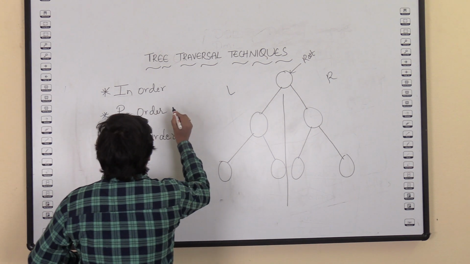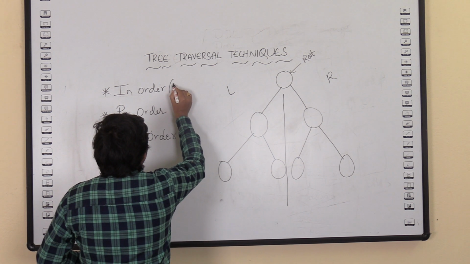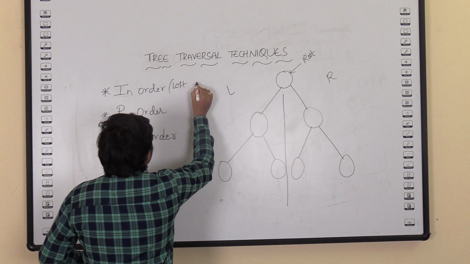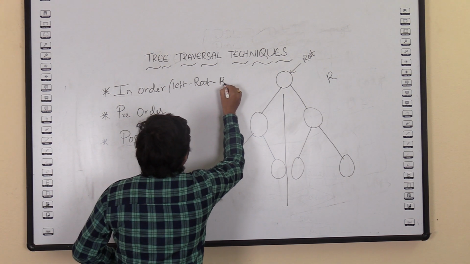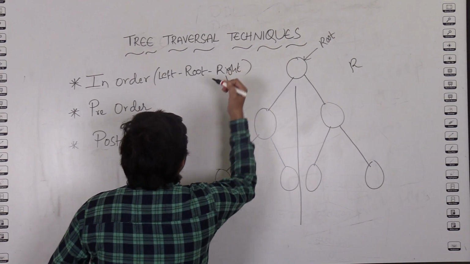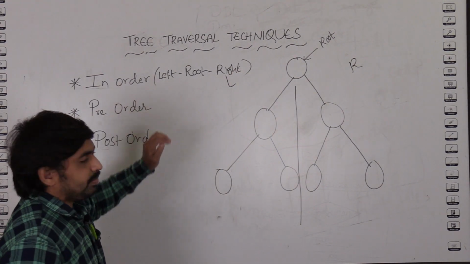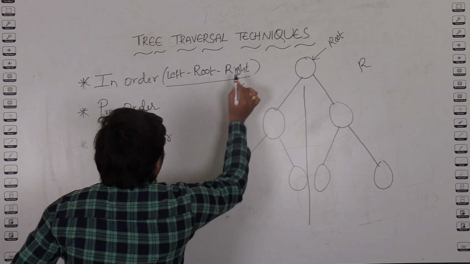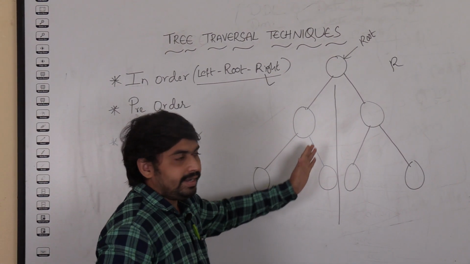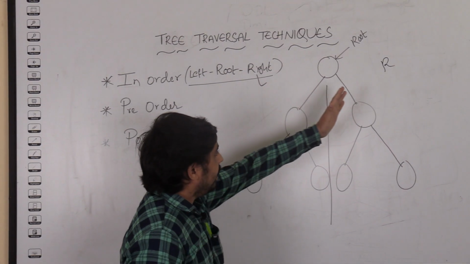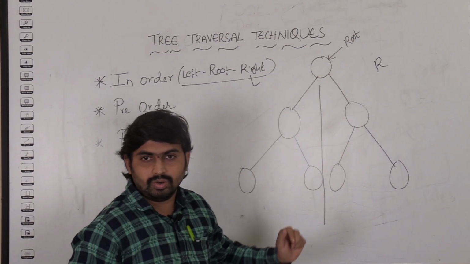In this concept, in-order will be represented in this format. That means the tree will be divided into three components: left side, right side, and root node.